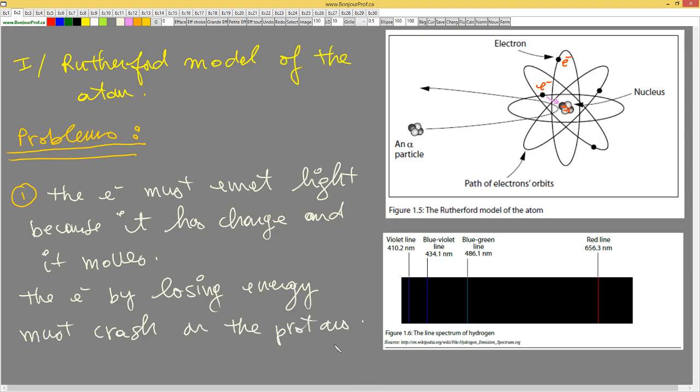What does it mean? It means that matter is not stable. Rutherford's atom is not stable.